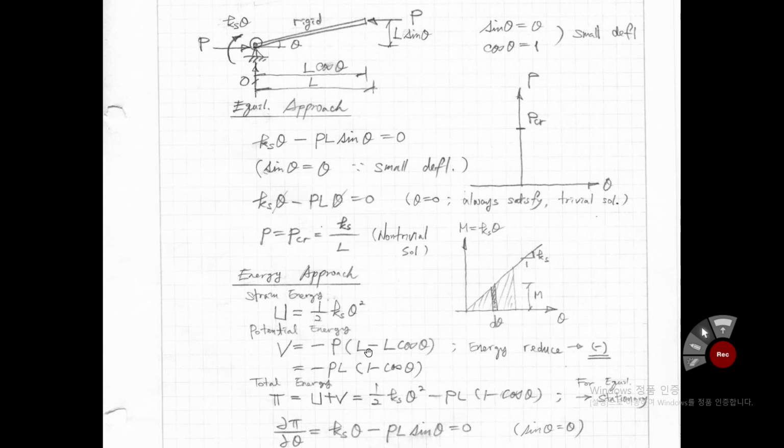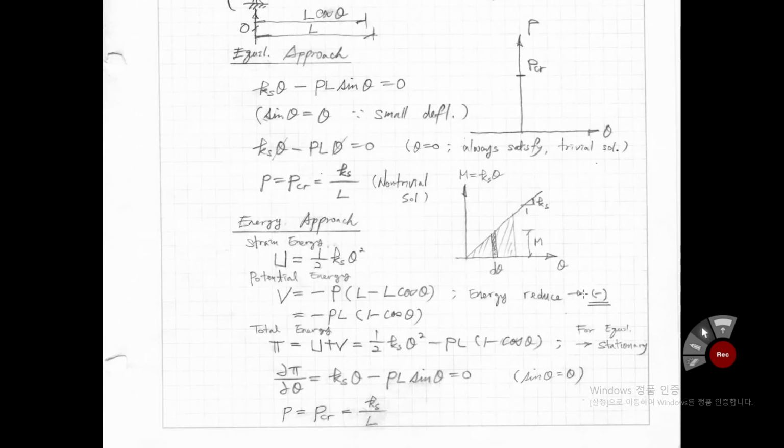Movement is L minus L cosine theta. The reason for the minus is that this P loses its energy, so it's minus. This spring gains some strain energy, so it is plus. So strain energy is from the spring, and potential energy is from this P. So energy is reduced, so minus.